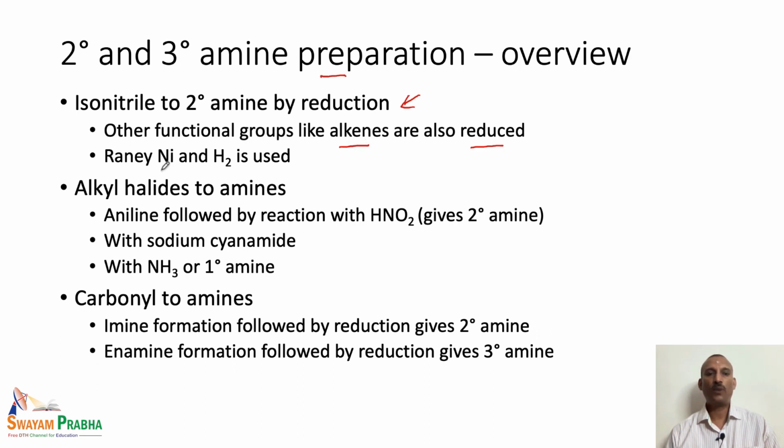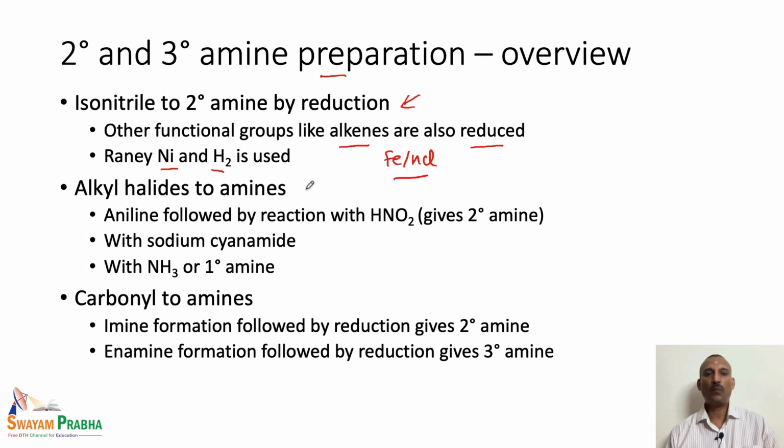And for better yield we generally use Raney nickel and hydrogen. Acid and metal, that is iron HCl conditions, are not generally employed in this particular reaction. So Raney nickel and hydrogen gives a very good yield for this particular transformation.